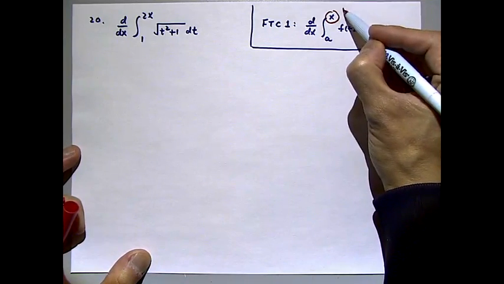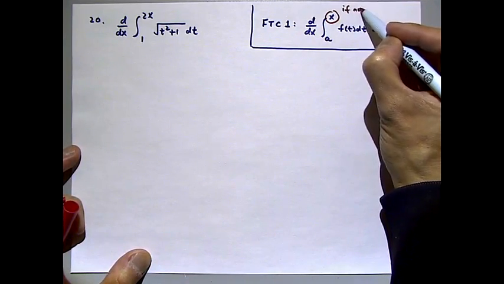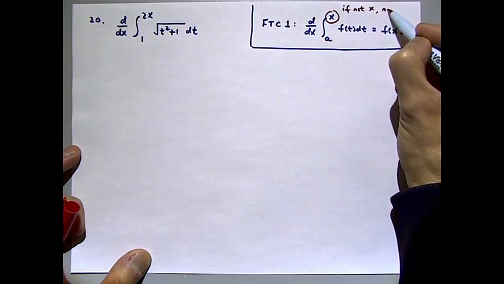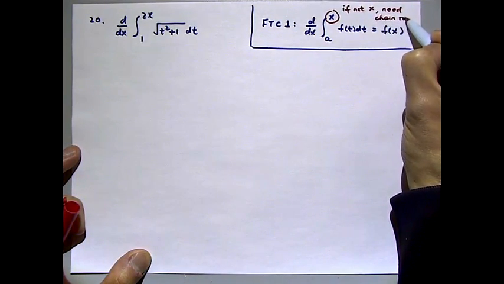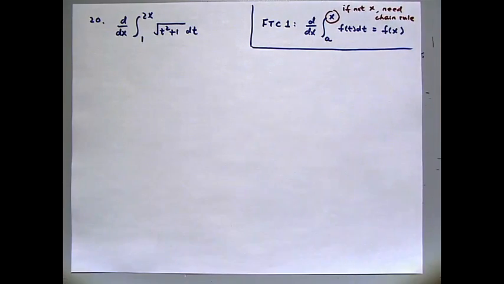And remember, if the limit there is not x, then we have to use chain rule. And that's the situation we got here.